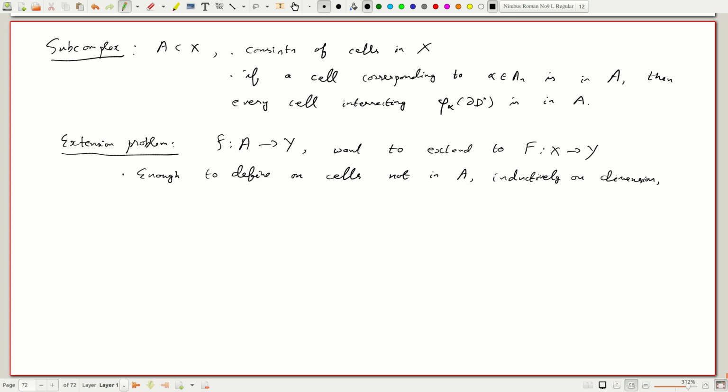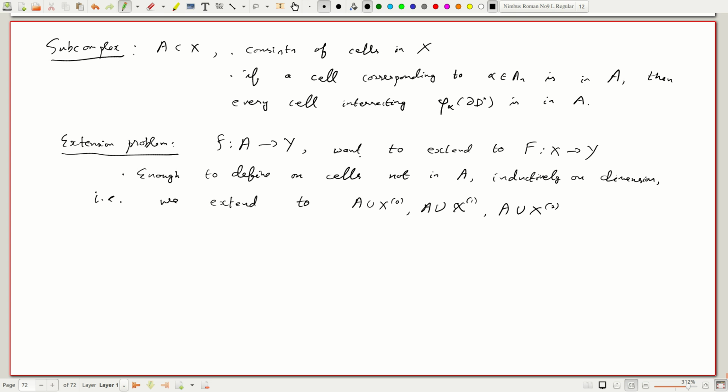So formally we extend to A union X0, A union X1, A union X2, etc. Not union, just comma.